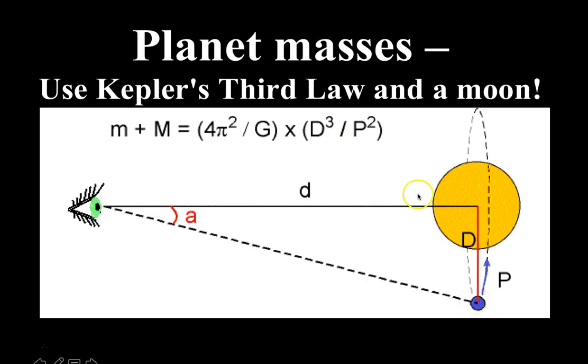Okay? Using Kepler's law, we know how far away Jupiter is from the Sun. And by knowing the angle between Jupiter and the Sun, we know how far Jupiter is away from us, from the Earth. Okay, so I know little d. Now I also know how big D is, because big D is being looked at through a telescope, and I know how big the field of view is of the telescope.